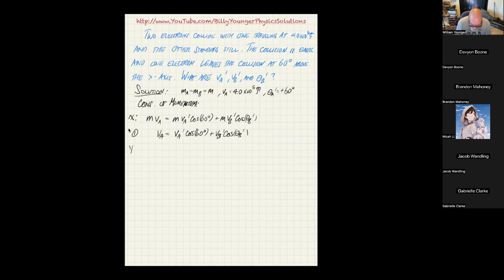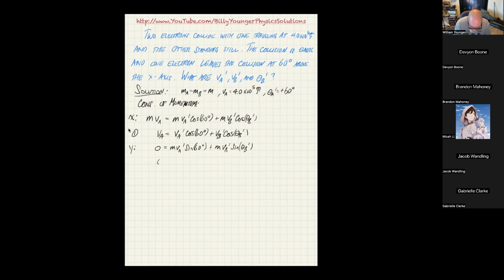Now I'm going to do the y component, and the y component is going to give us 0 is equal to m VA prime sine 60 degrees plus m VB prime sine theta B prime. Okay, again, we can get rid of the masses.